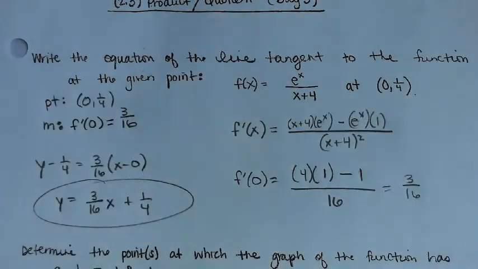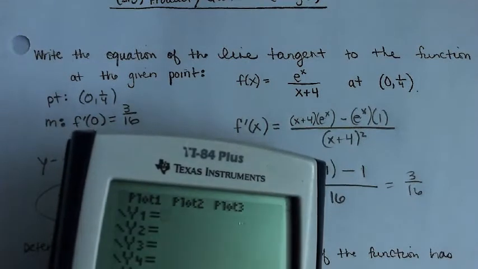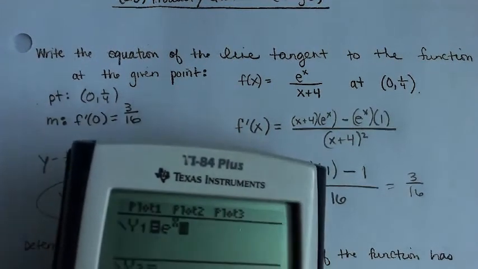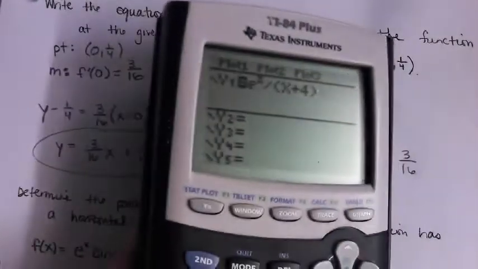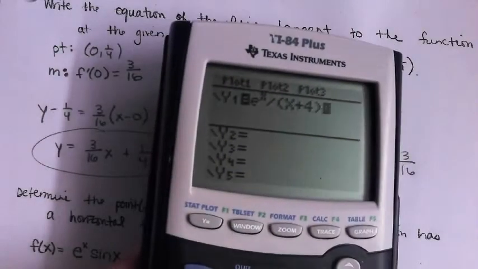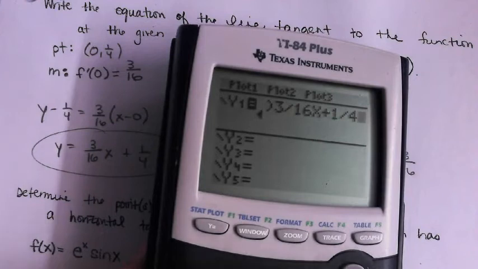Now, for fun, because I like to do this, literally for no other reason, e to the x divided by x plus 4 is our equation of the function, and 3/16 x plus a quarter.